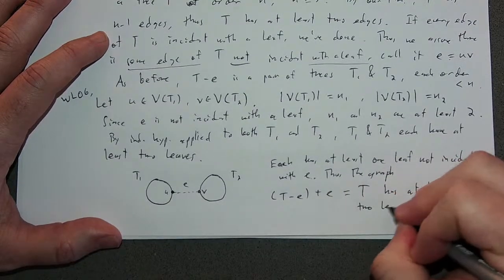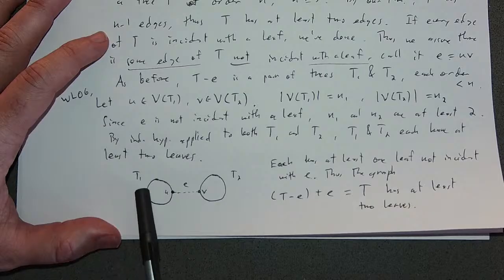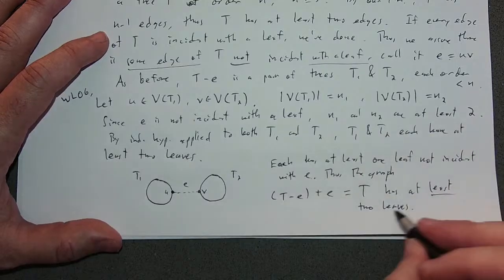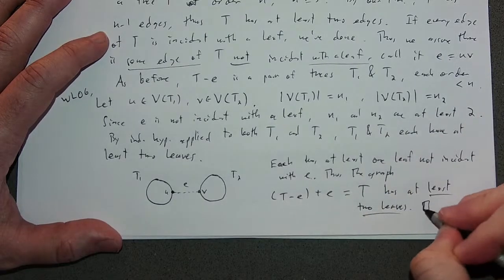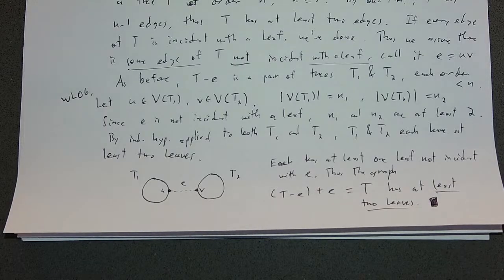Because I can take the at least one leaf in both T1 and T2 not incident with E as my guaranteed 2 leaves. Maybe it has more, but this is a lower bound on the number of leaves here. Okay.